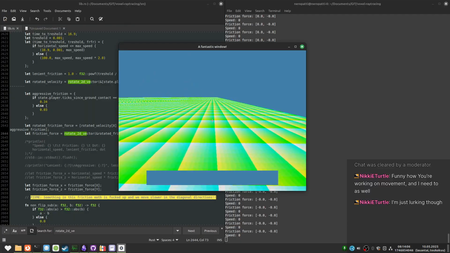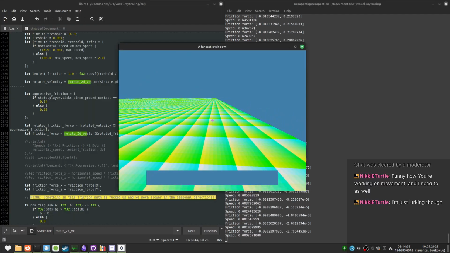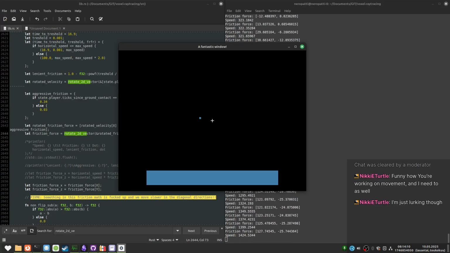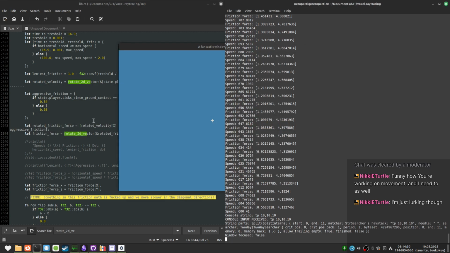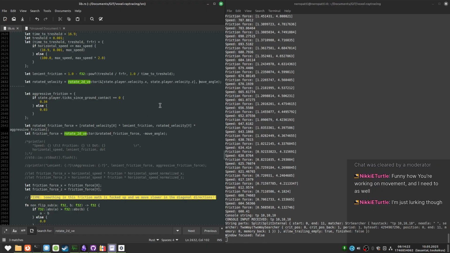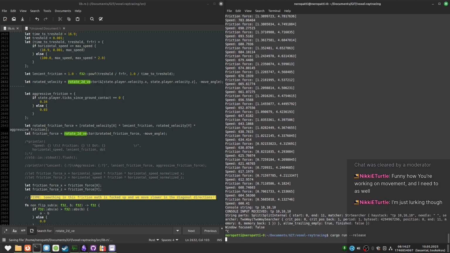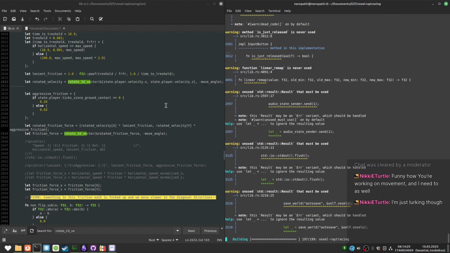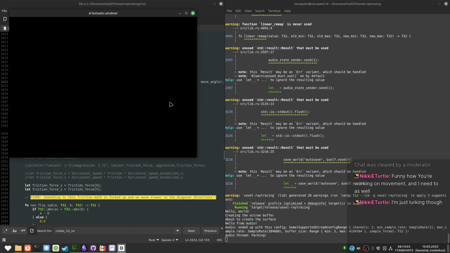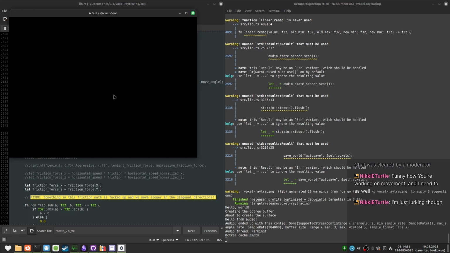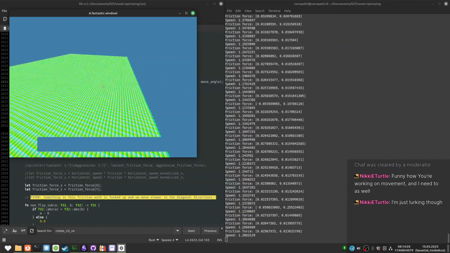Oh, some amount of speed is being gained if we go here and then we look here. Whee! It's not that at least. If I do negative move angle on both, I'm just coping right now.